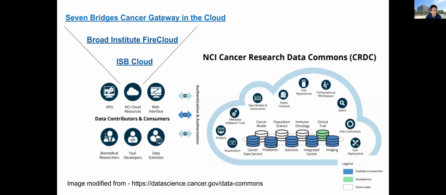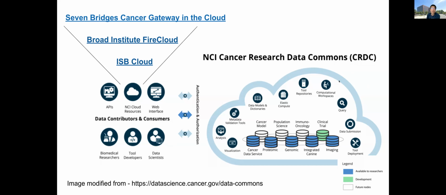So the NCI cloud resources, shown on the left-hand side of the screen in the cloud icon there, is a component of the NCI Cancer Research Data Commons that allows users to access those data in the cloud. Cloud resources also provide access to on-demand computational capacities in commercial cloud providers like Google Cloud or Amazon Web Services to allow users to analyze those data. And also cloud resources provide support for data access through a web-based user interface, in addition to programmatic access using APIs and such.